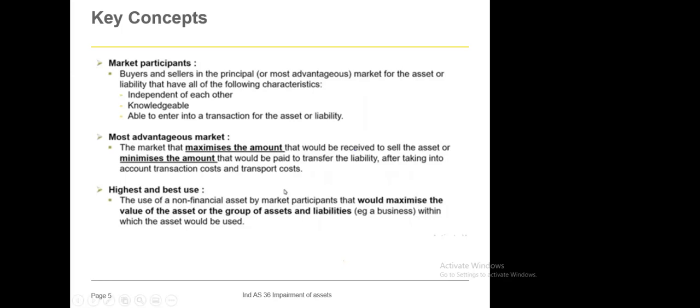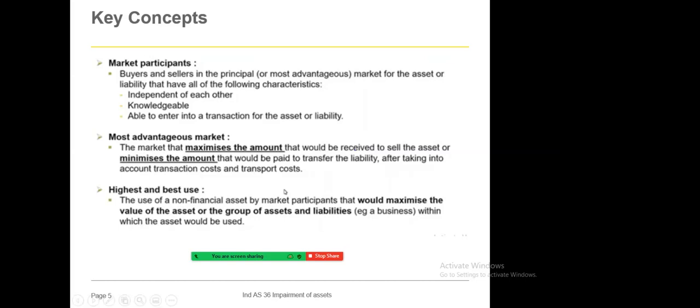What do we mean by most advantageous market? The market that maximizes the amount that would be received to sell the asset or minimizes the amount that would be paid to transfer the liability, after taking into account transaction cost and transport cost.